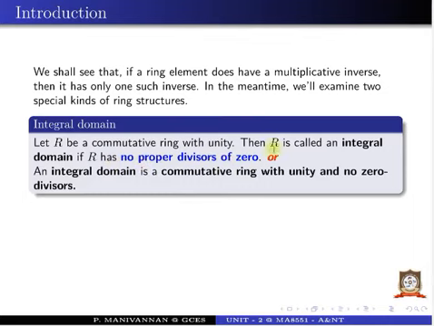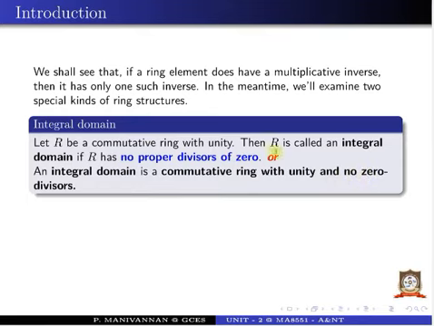That means the multiplication of two non-zero numbers must not equal 0, so it is called no proper divisors of 0. That is, an integral domain is a commutative ring with unity and no zero divisors.